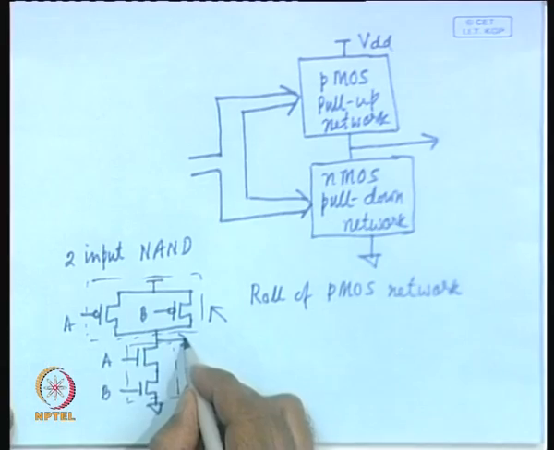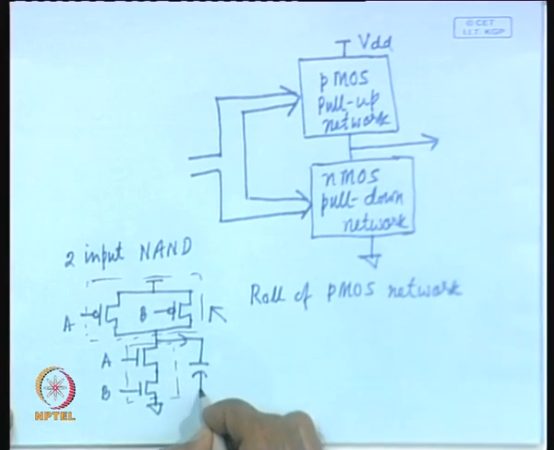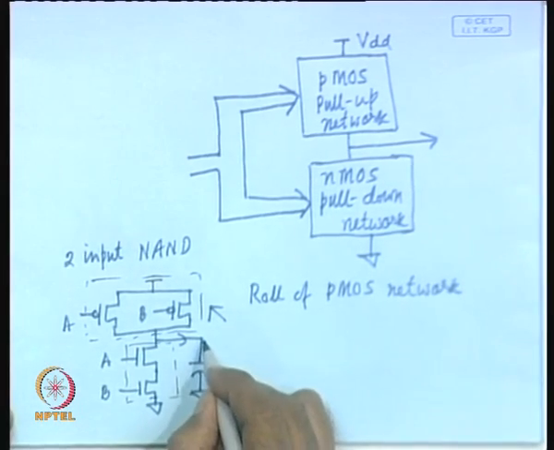That means the load capacitance which is connected to the output, it pulls it up to VDD. In other words, whenever you are expecting an output 1, there will be a path through the PMOS network. That means, PMOS network will be on whenever output is supposed to be 1. In fact, you can do the logic design based on that idea.